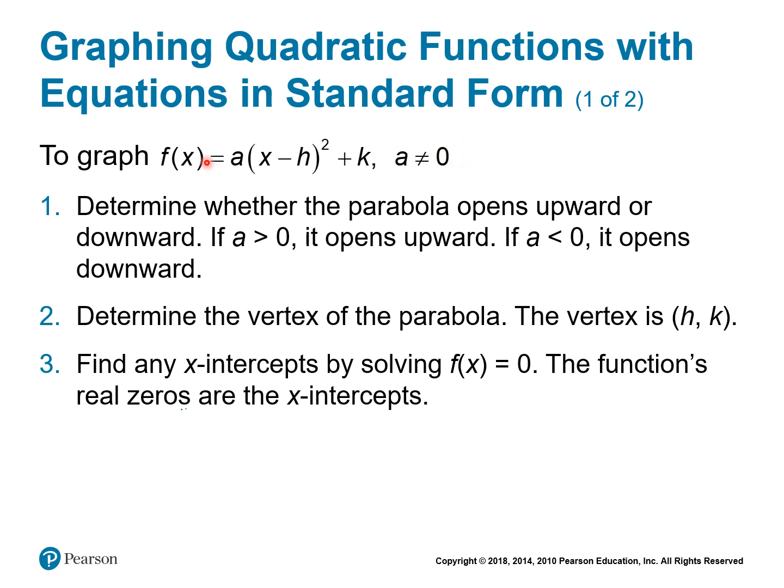If a is 0, then this whole expression will become 0 and it will no longer be a quadratic function. That's why they are particular to mention that a is not equal to 0.